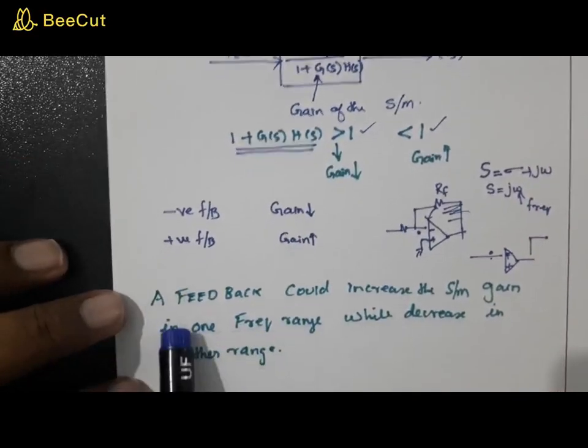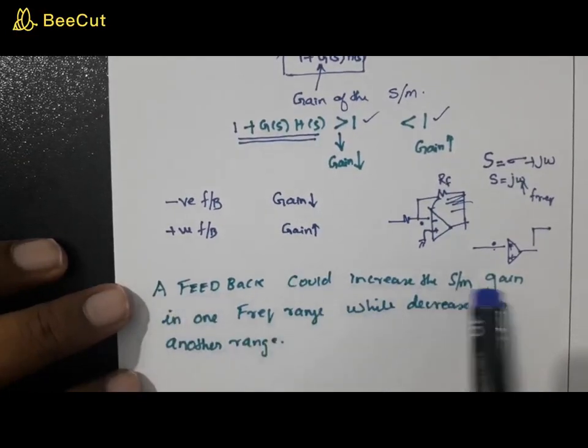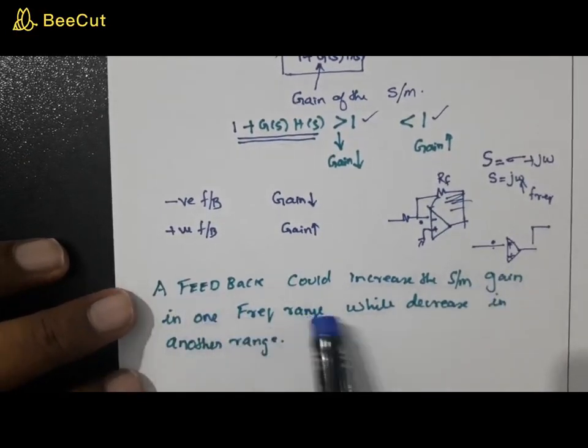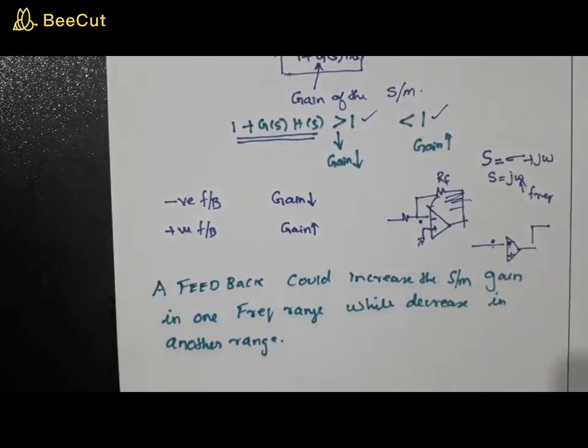So that's what is written: a feedback could increase the system gain in one frequency range while decreasing it in another range. Okay, so it is actually the control of this gain which makes a system stable or unstable. We'll see it in detail later.